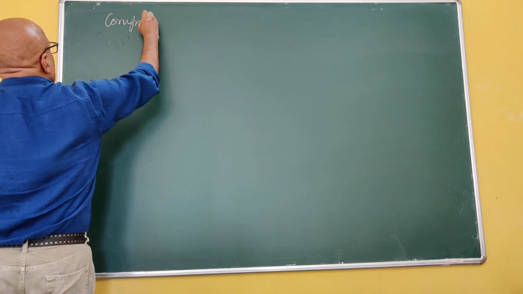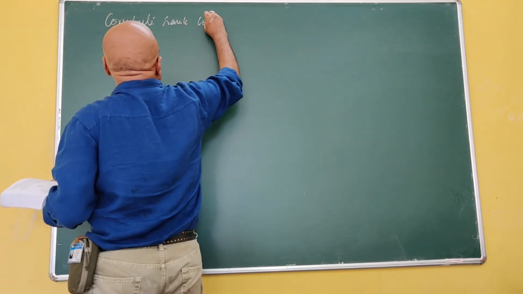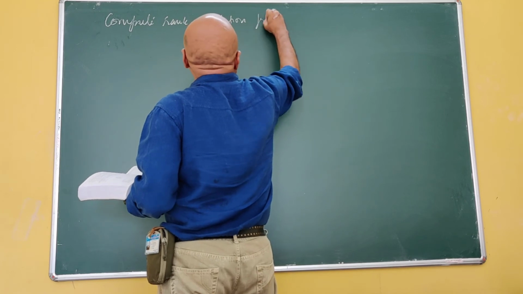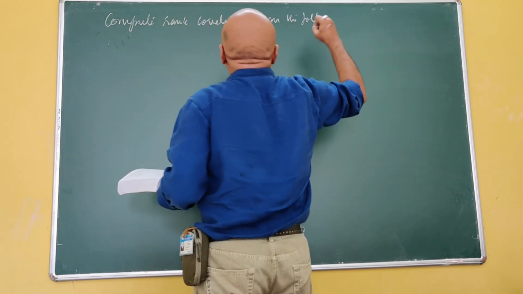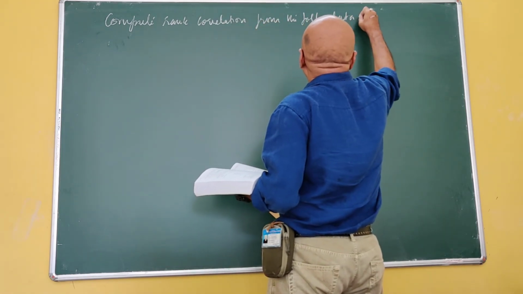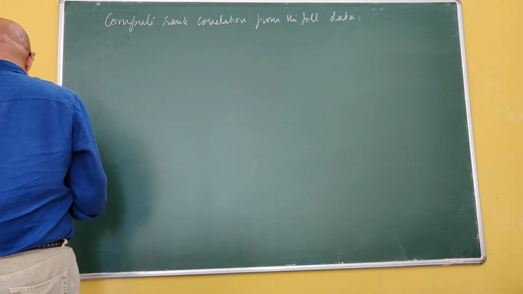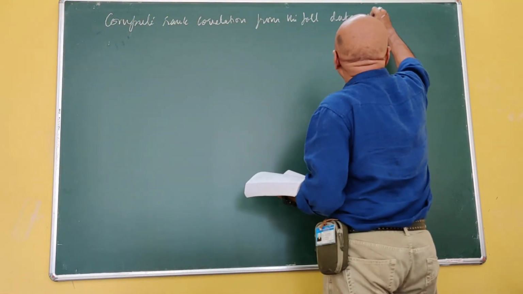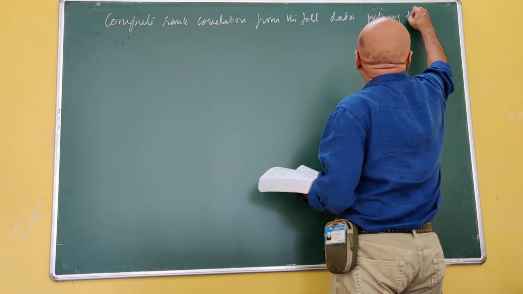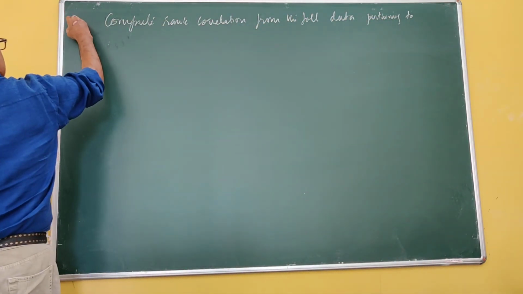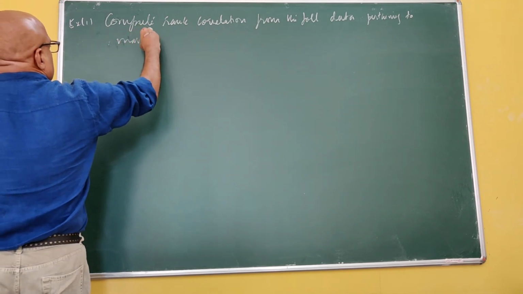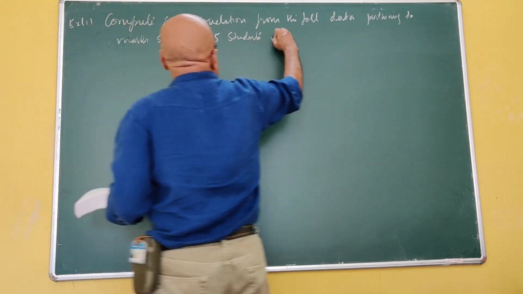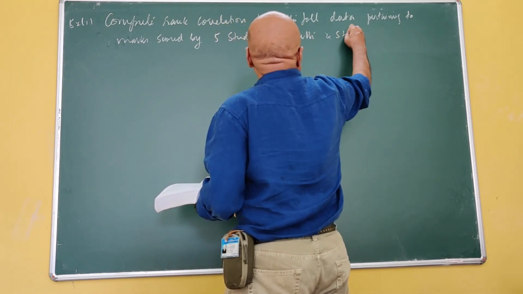Exercise 1: compute the rank correlation pertaining to marks scored by 5 students in math and stats.